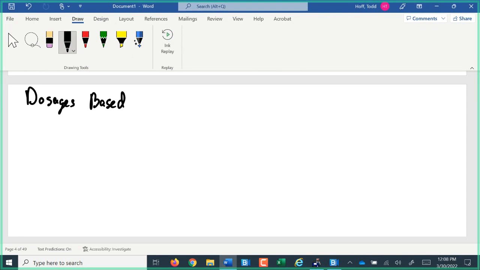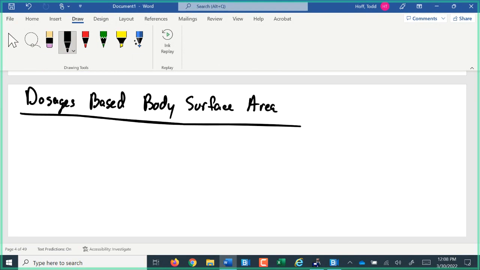The most common one of those is dosages based on body surface area. The body surface area is literally the surface area of the skin of the body. This type of dosage is used for skin conditions, eczema, psoriasis, stuff like that, and also for medications for burn victims.